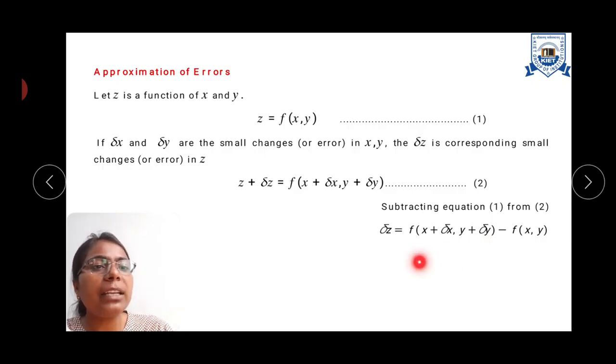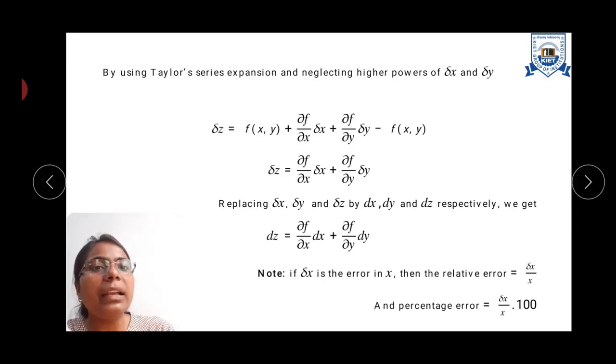And if we take the Taylor series expansion of this term and neglect higher powers of del x and del y, then we get del z is equal to f of x, y plus del f over del x del x plus del f over del y del y, minus f of x, y.